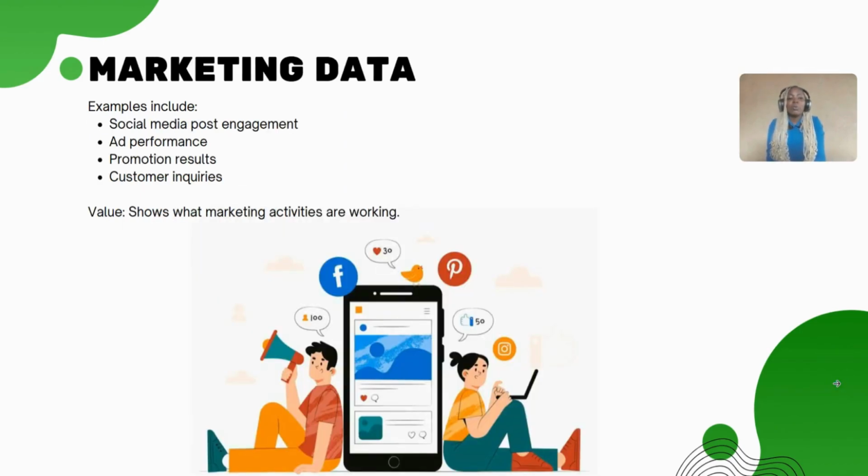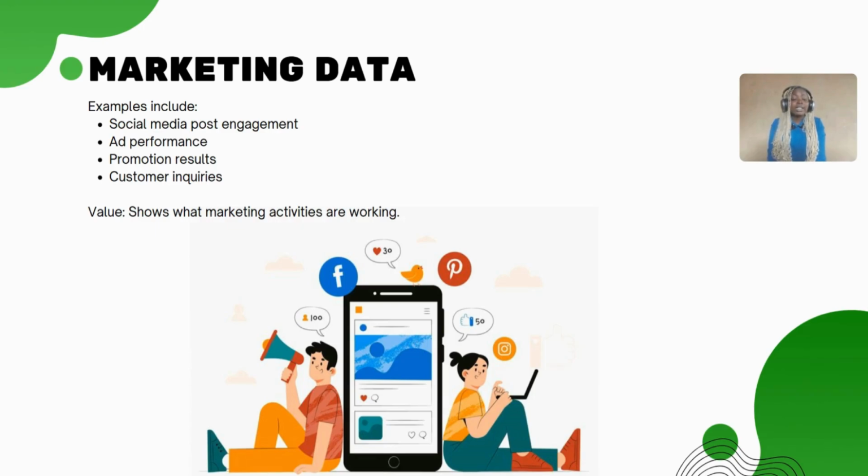For the next one, we'll be looking at marketing data. So, marketing data helps you show what marketing activities are working. For example, if you do ads or the regular traditional marketing, that is walking around the road and going out to meet people wherever they are, or social media, right?